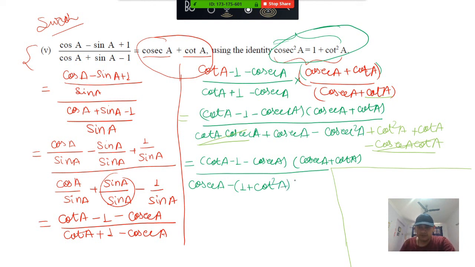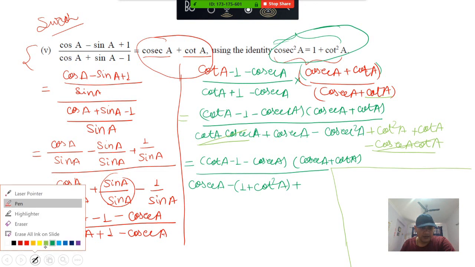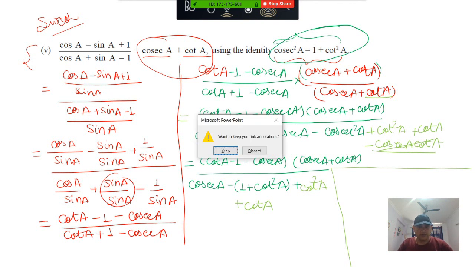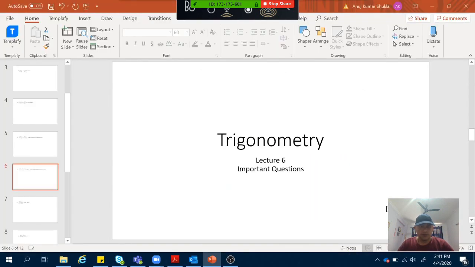Correct, this is done. Now plus we have that lighter color, cot square A plus cot A. So I'm doing a little shortcut here, or let me not, I'll keep it as is.